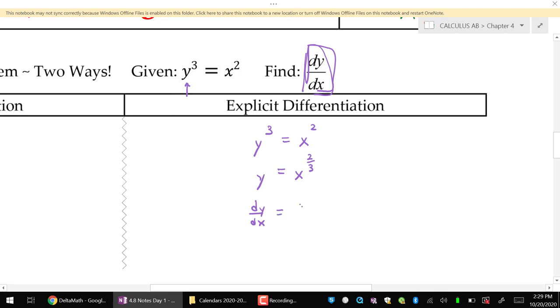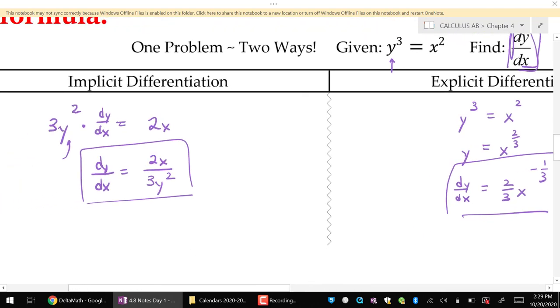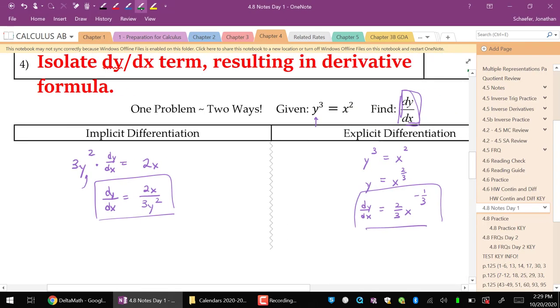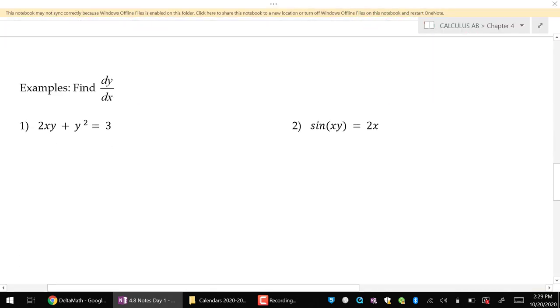By power rule here, it's going to be 2/3 x to the negative 1/3, and there again is my derivative. So explicitly, I'll have a derivative in terms of x. Implicitly, I may have a couple different variables within that formula. So that's sort of how implicit differentiation works. I'd like to show you some more complicated examples, and we'll do that here with the ones coming up.